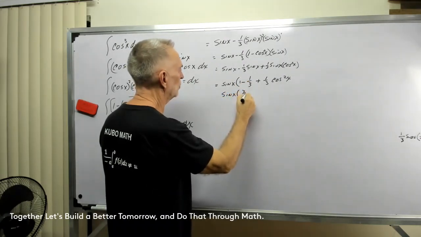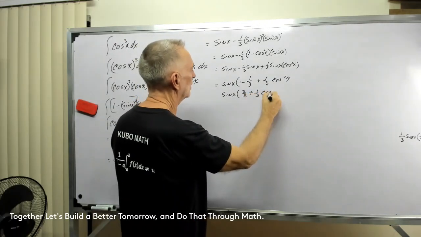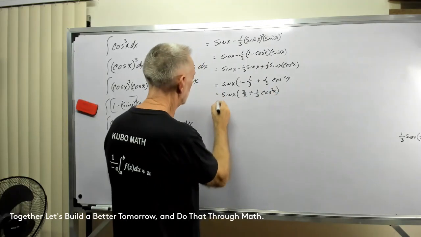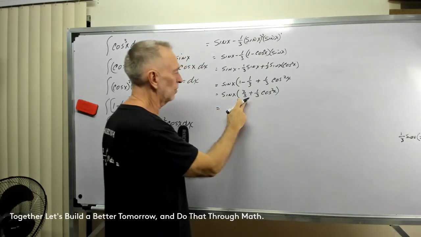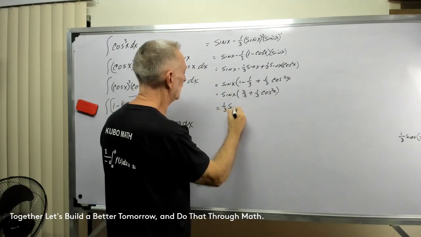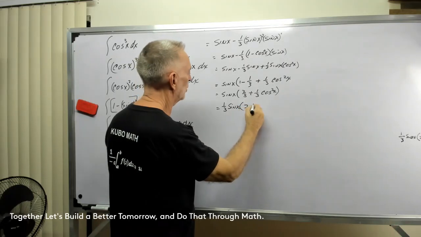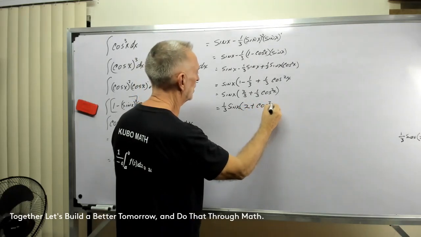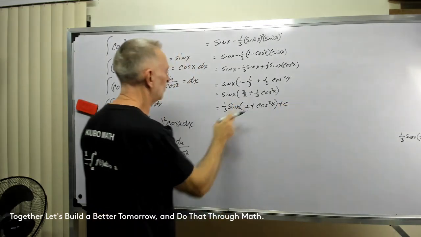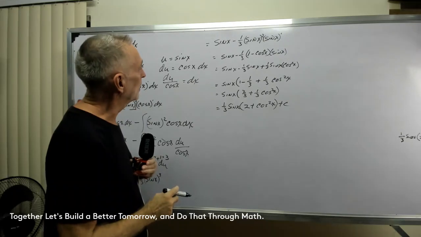That gives us 2/3 plus 1/3 cosine squared x. Now I can factor a 1/3 out: 1/3 sine x times 2 plus cosine squared x, plus c. And that was the form that they wanted this to be in.